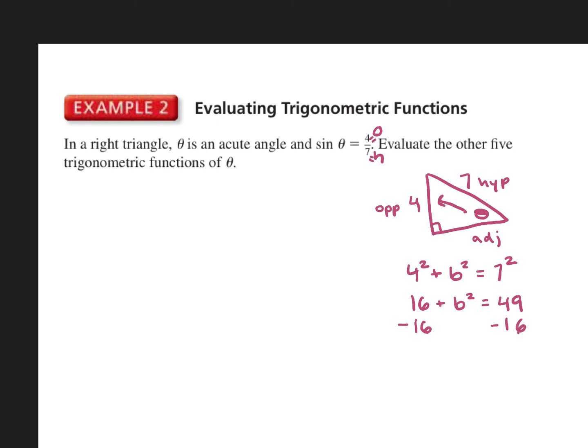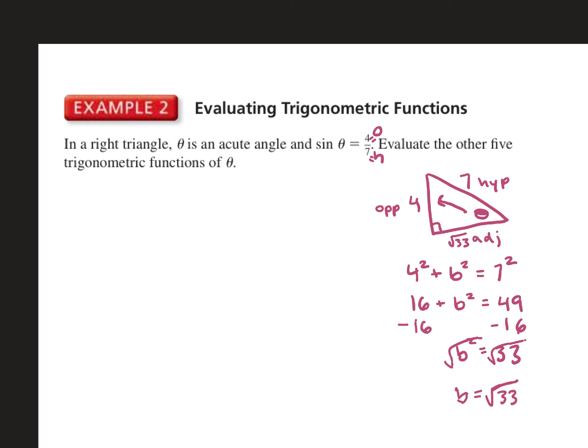Subtract 16 on both sides, so b squared is equal to 33. Take the square root of both sides. So b is equal to the square root of 33. So our adjacent is the square root of 33. Not a pretty number, but we'll make it work.